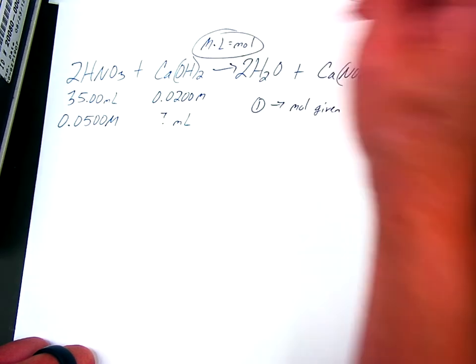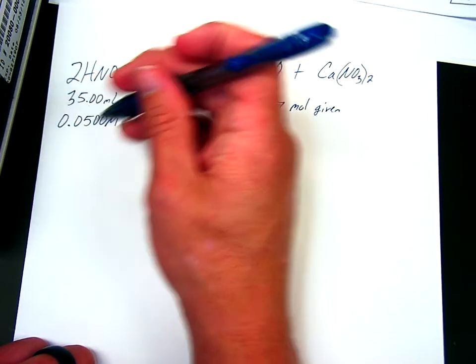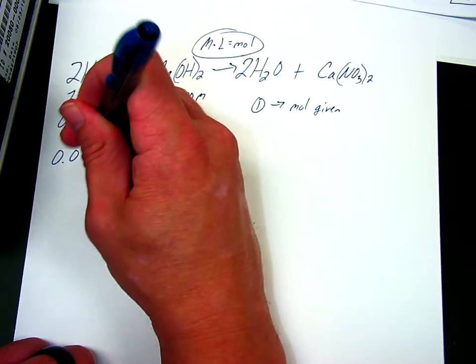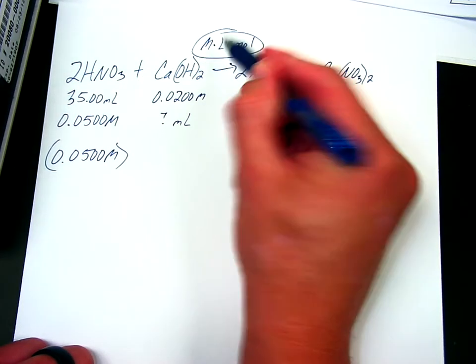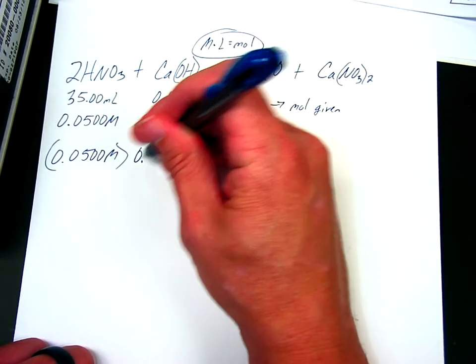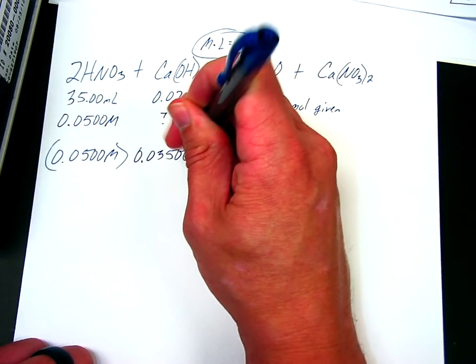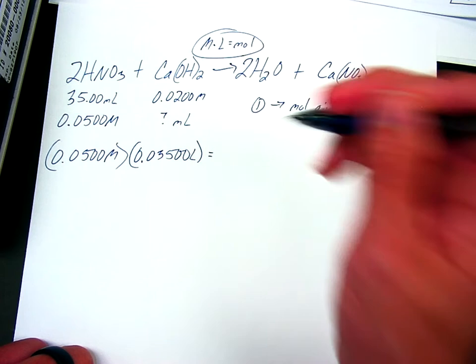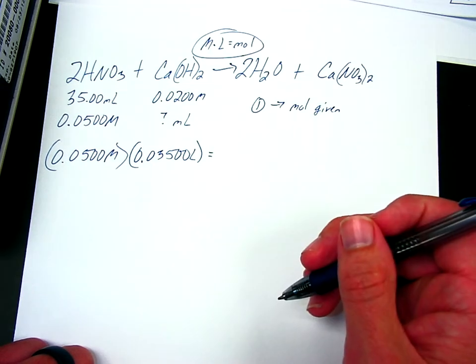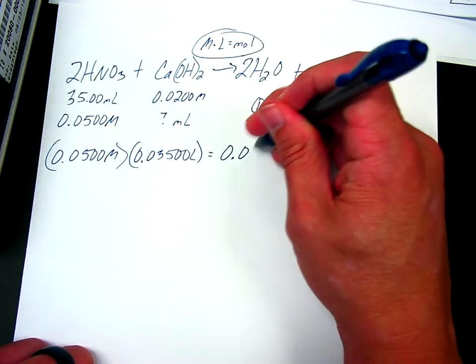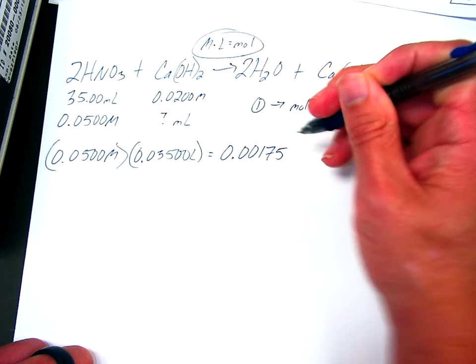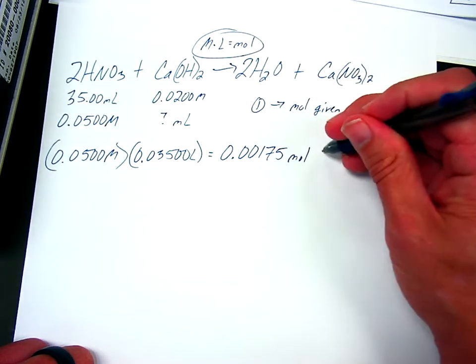So let's take the molarity of 0.050, multiply that by liters, which is 0.03500. If I run that in the calculator, it comes out to 0.00175. And that is moles of nitric acid.